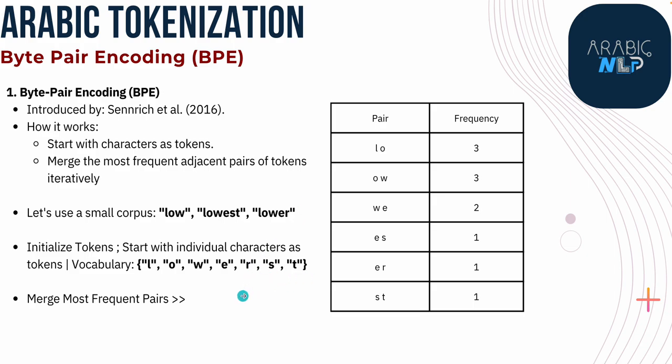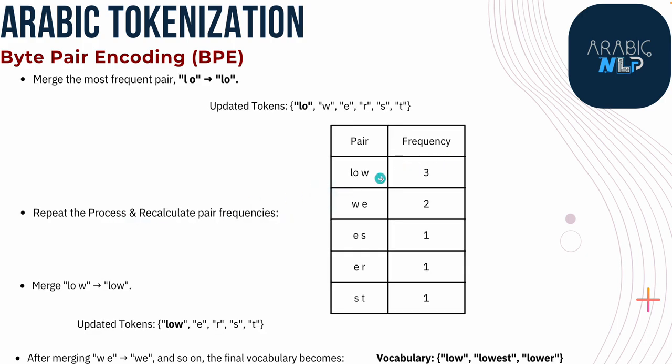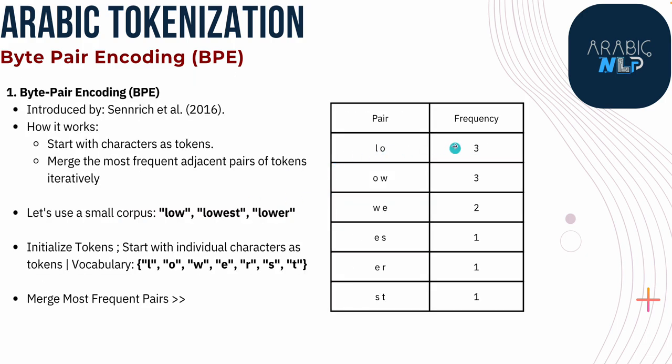Then I start looking at pairs of letters to merge, with the highest frequency first, starting with LO, which is seen three times in my corpus. So I assign three, and I do that for all the pairs that I have.